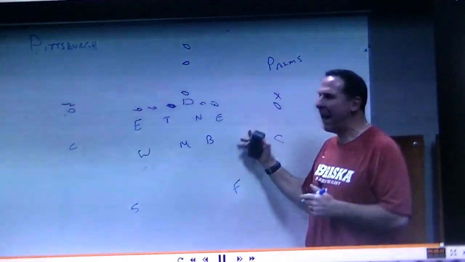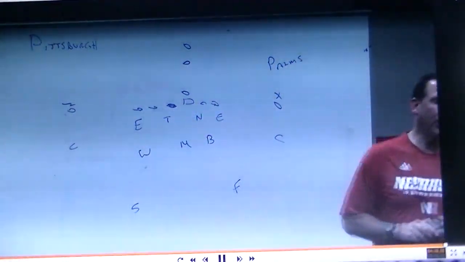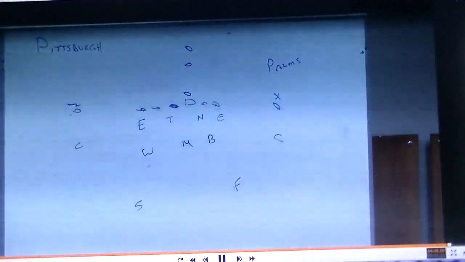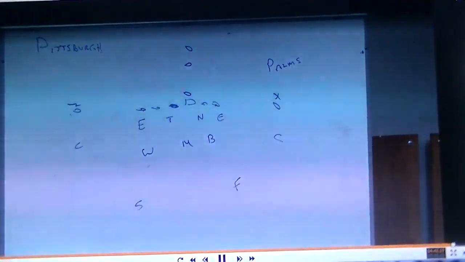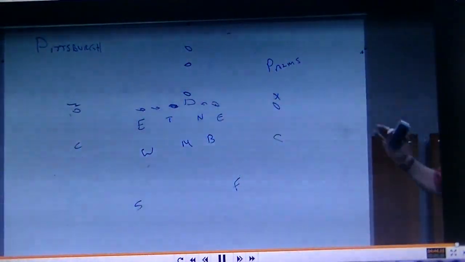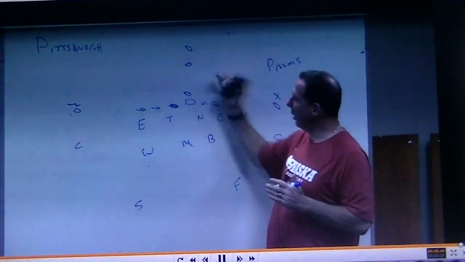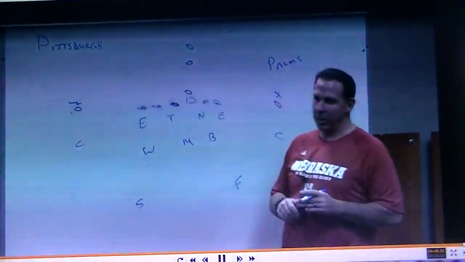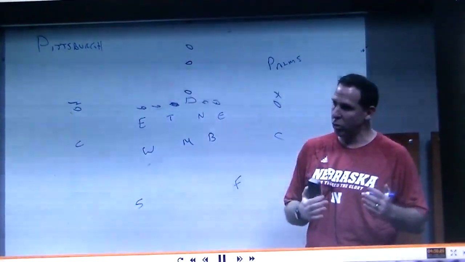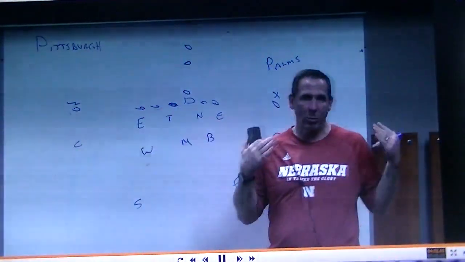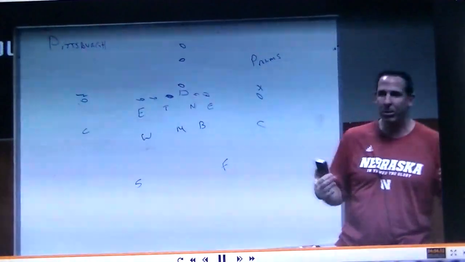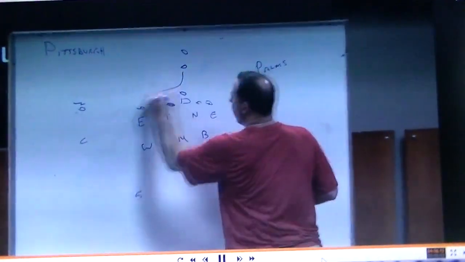Anytime one of our linebackers has to walk, cover 4 play becomes palms. Okay? As long as, and I'm talking about the quarterback under center right now. We're not talking about hand drills right now. We're talking about just basic adjustments. They line up in a 2-back set. They motion out.